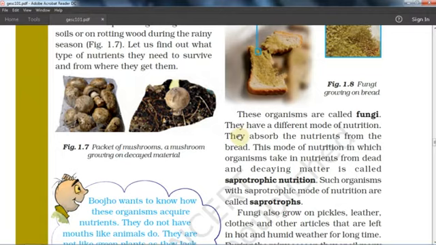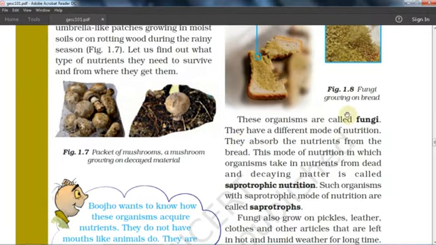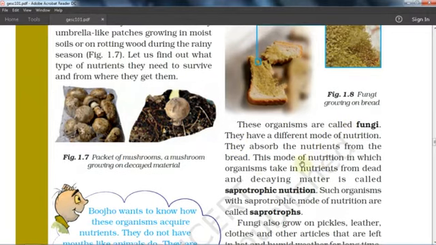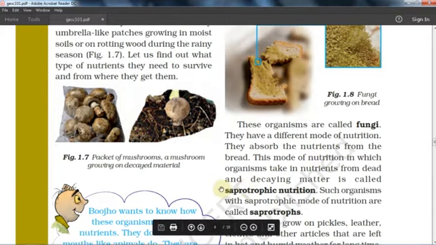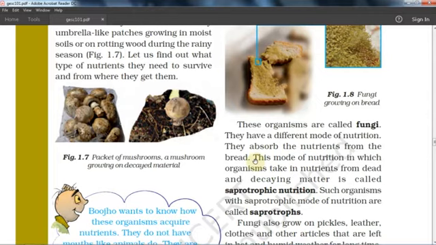These organisms acquire their nutrients by saprotrophic nutrition. And what is saprotrophic nutrition exactly? You have seen that these grow on what? Rotten wood. So in this mode of nutrition, the organism takes its nutrients from dead and decaying matter. Rotten wood is decaying matter.